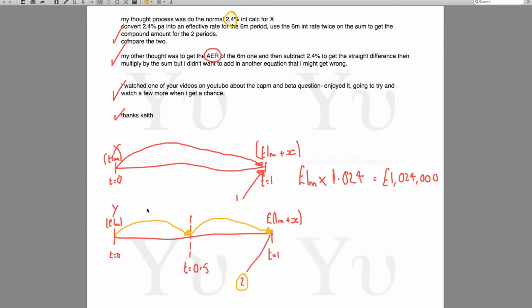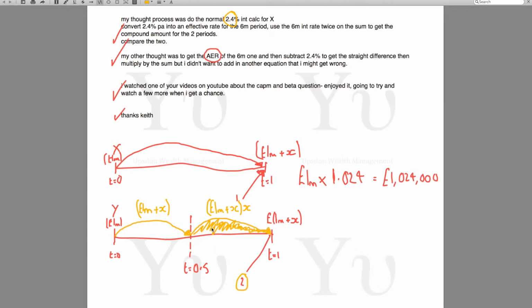But this is the difference. With this first period, we would have 1 million plus x. With the second period, we have 1 million plus x multiplied by x, which is also the interest in the second period.